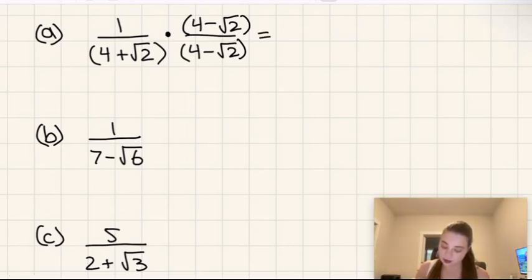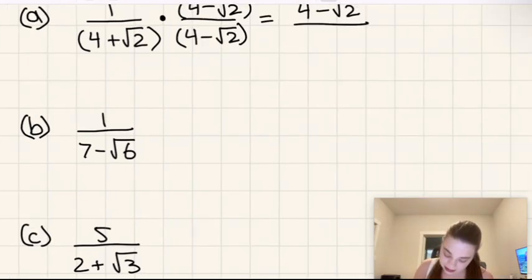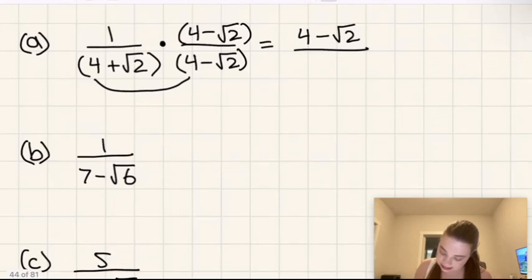Okay, so let's do that. So 1 times 4 minus root 2 is, of course, just 4 minus root 2, because 1 times anything is just itself. And then over here, I'm going to go through the FOIL method and show how this is going to actually cancel out each time. So we're going to have 4 times 4, which is 16. Then outer, we're going to have 4 times negative root 2, so negative 4 root 2.